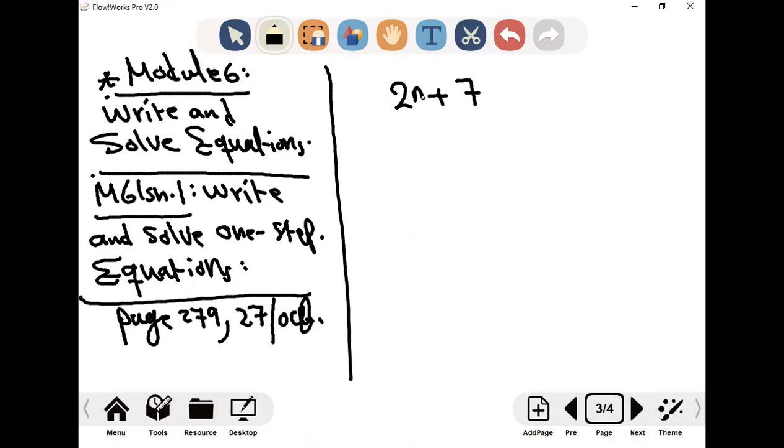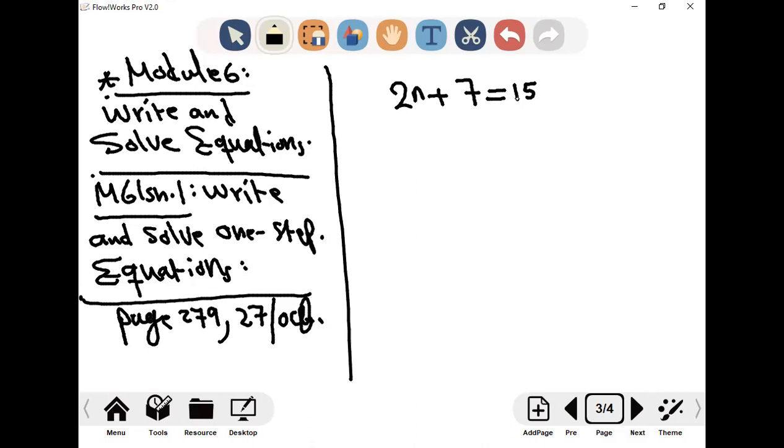So if all of them are numbers, we call it numerical. If it has a variable or more than one variable, algebraic expression. Here, algebraic expression. If I put an equal sign, it becomes an equation.